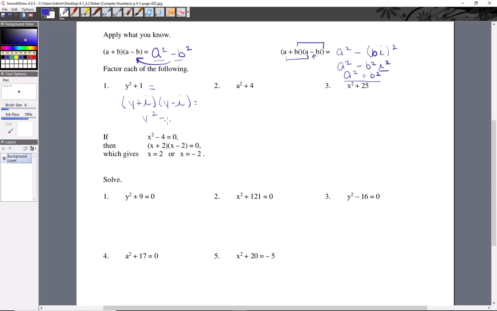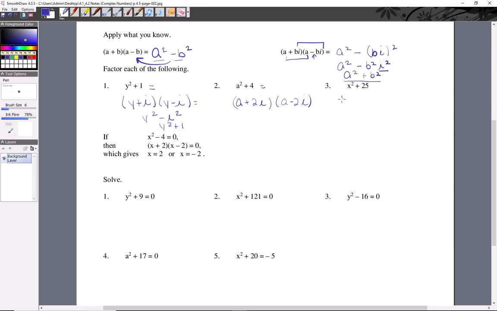But it'll be minus i squared, which is -1. Negative turns that to positive. So you go back to y squared plus 1. See? So it's going to be that way for all of these. A plus 2i times a minus 2i. All right?